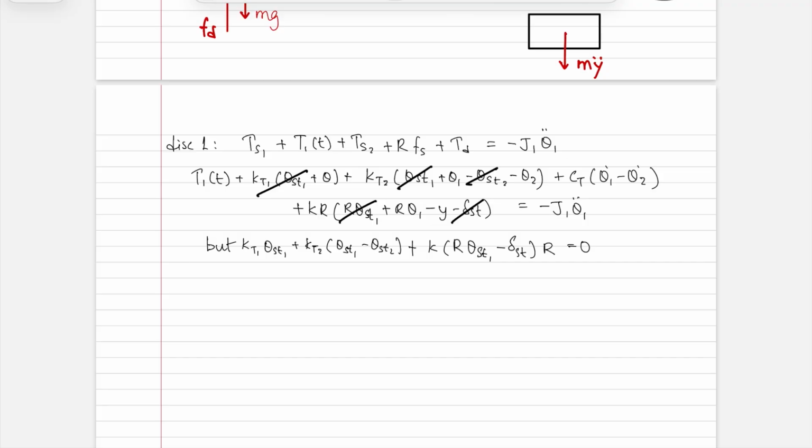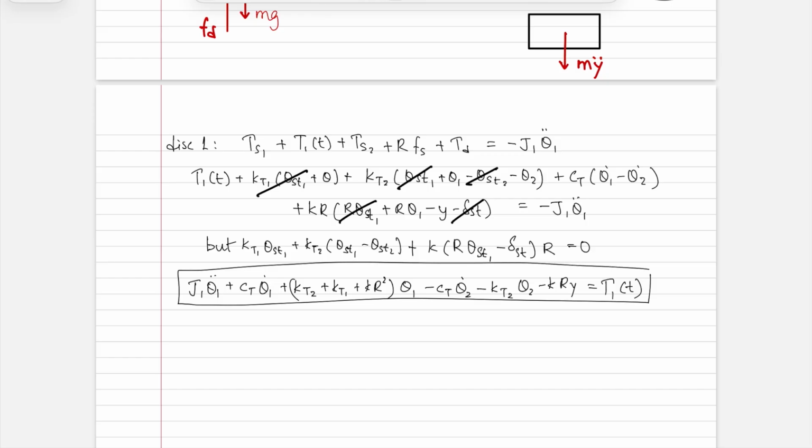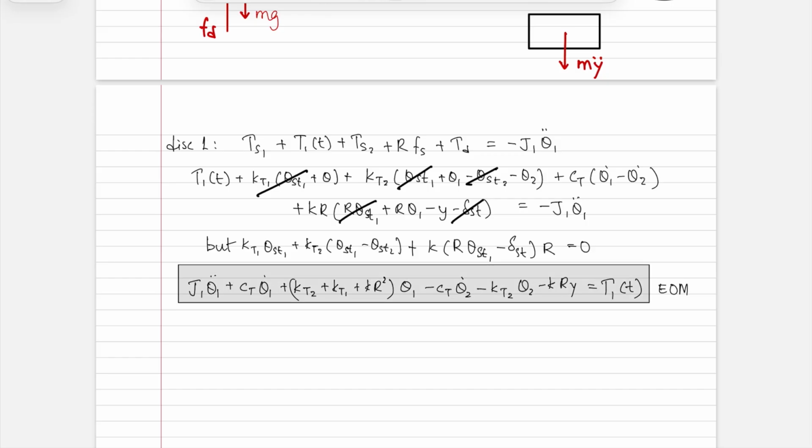And then you get as your final answer, I move this to the other side, we have... that was a lot of work. But this here is an equation of motion for the first disk.